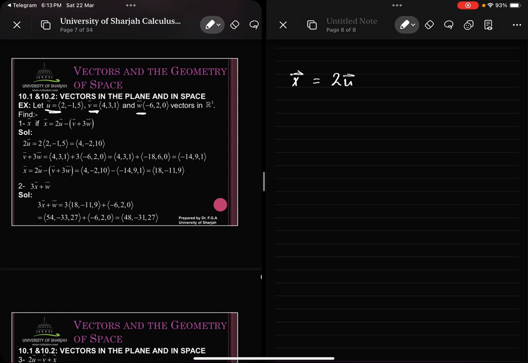Let us analyze this. 2u is 2 multiplied by vector u, which gives (4, negative 2, 10).